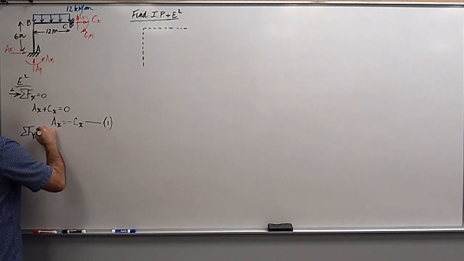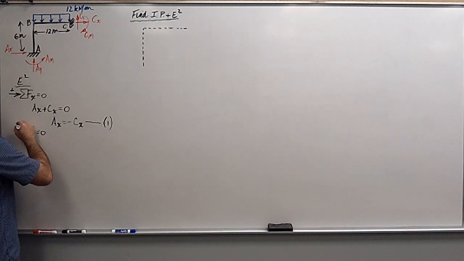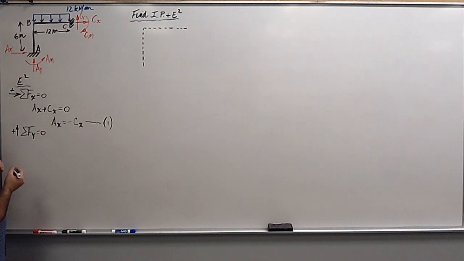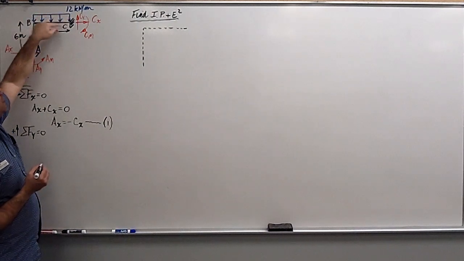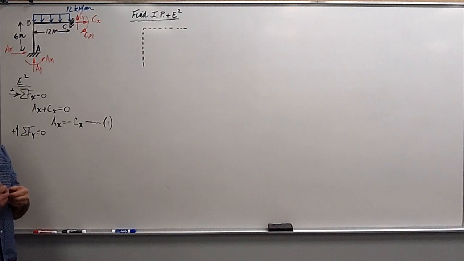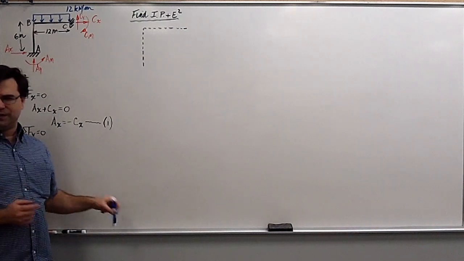Sum of the forces in the y direction equals 0. And what I get is AY, CY must equal this distributed load, which means that I have to figure out the equivalent point load that represents that distributed load. That distributed load is still there. It just makes it easier for reaction purposes to come up with an equivalent point load. It's easier on the calculations.